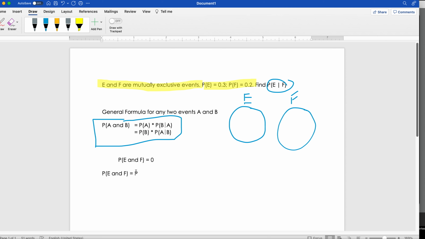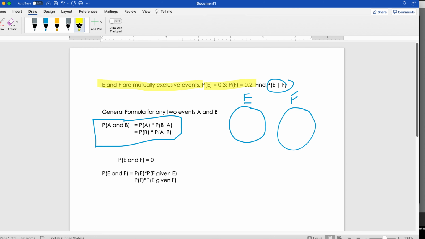The probability of E happening times the probability of F given that we have E, and then the other formula is the probability of F. I can switch it around and say that that's equal to the probability of F times the probability of E given F. So I can write it either way.